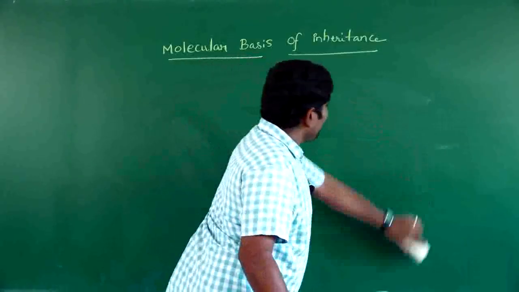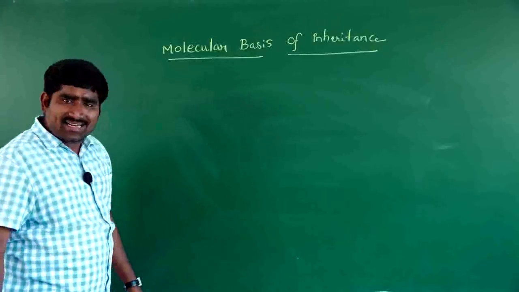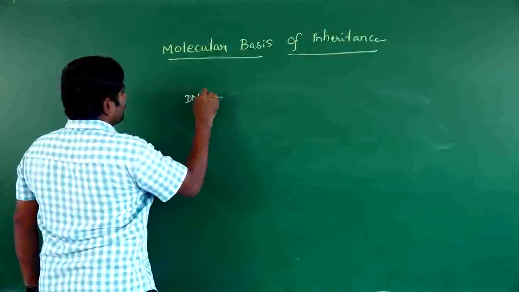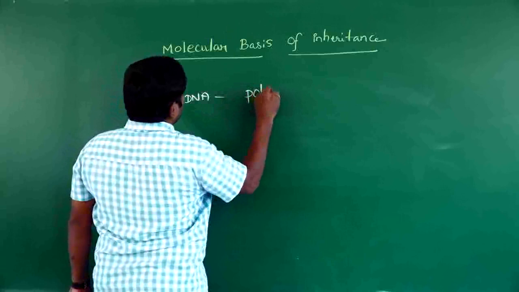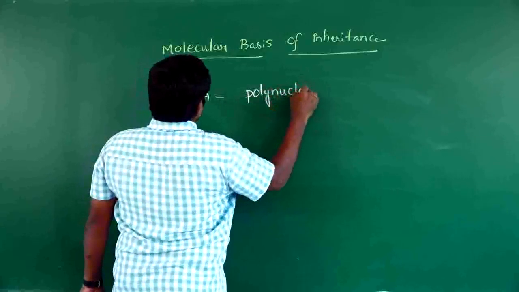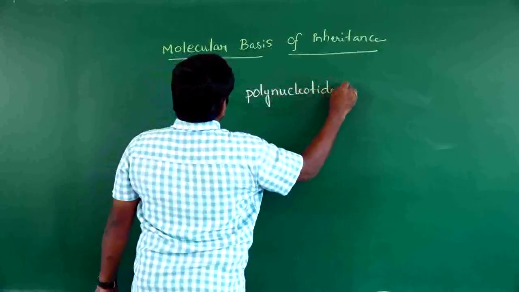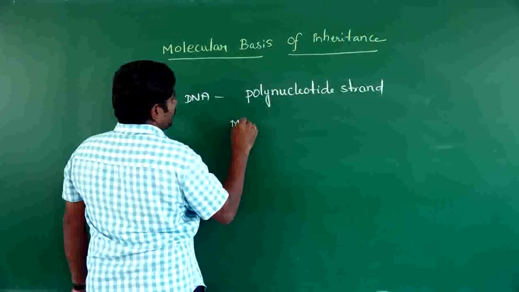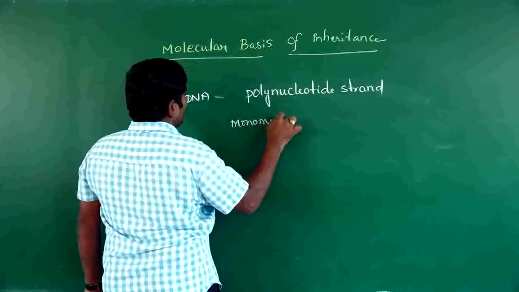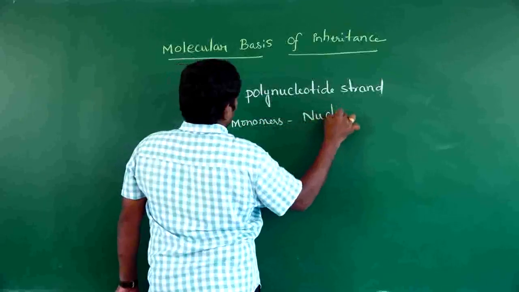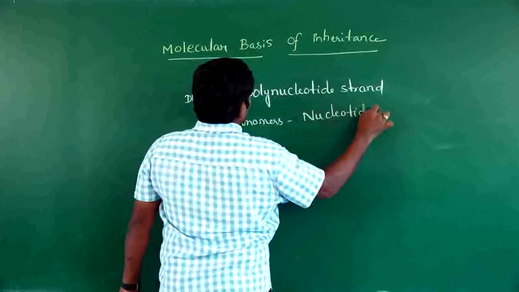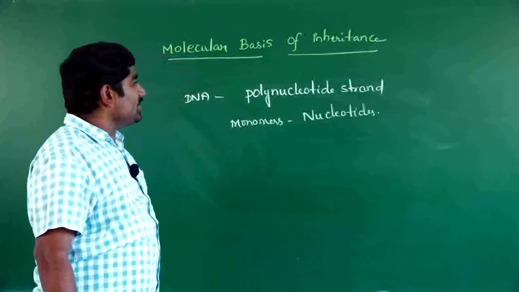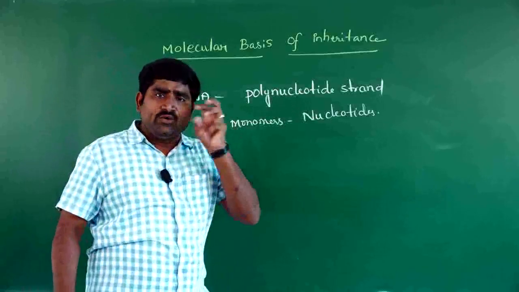Okay. Now let us see the structure of DNA. DNA is also called a polynucleotide strand, and the monomers are nucleotides.